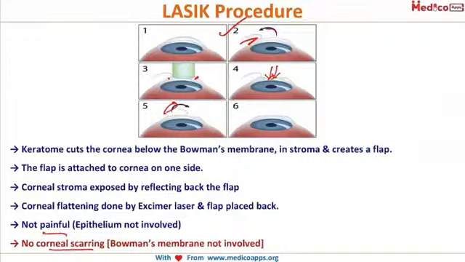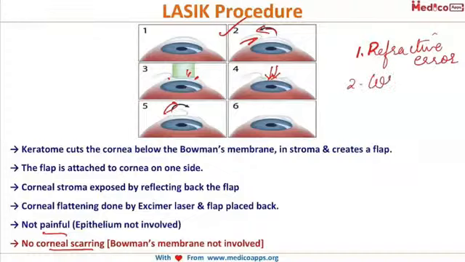First you create a flap and you ablate the stroma. How much it should be ablated is decided based on number 1 the refractive error and number 2 the corneal thickness. These two decide how much of the stroma you're going to ablate. Then again the flap is placed back in its anatomical position.